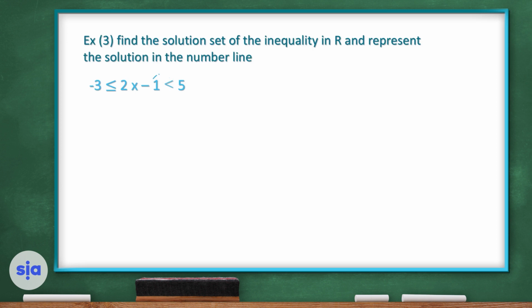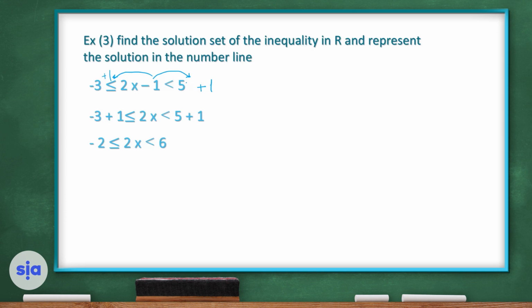So here, minus 1 will be moved as a plus 1 to both sides, to this side and also to this side. So it will be minus 3 plus 1 less than or equal to 2x less than 5 plus 1. So it's negative 2 less than or equal to 2x less than 6.